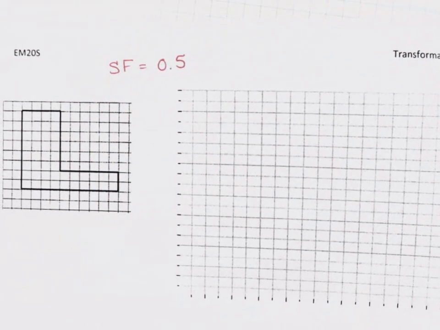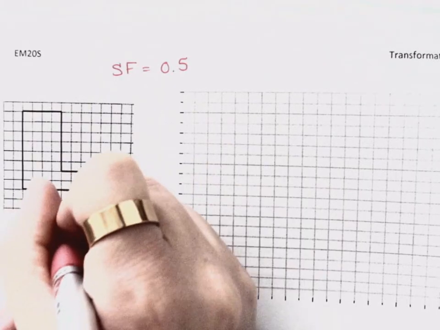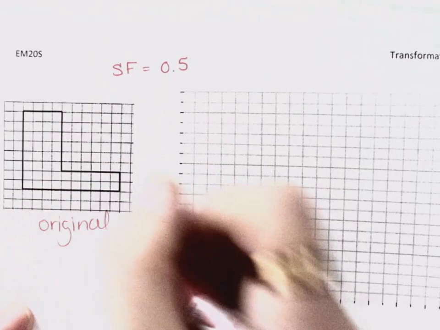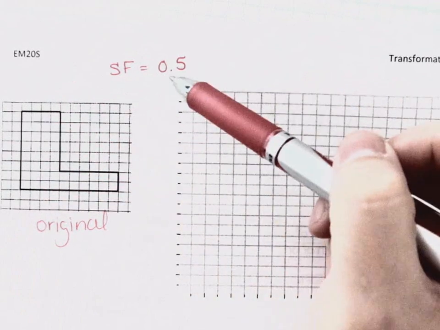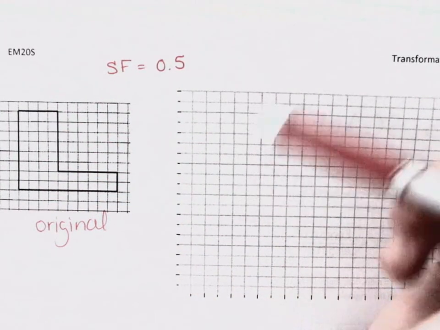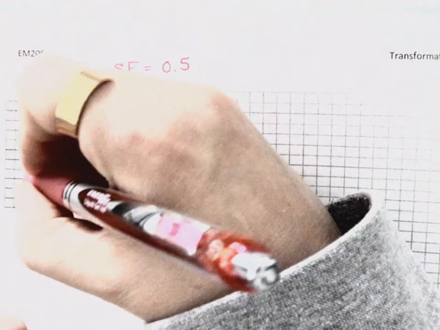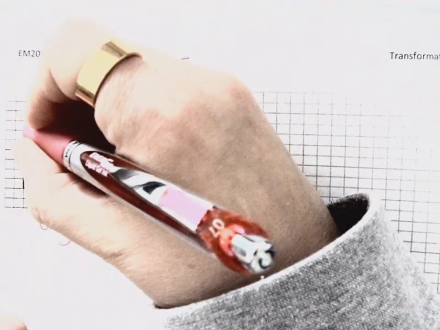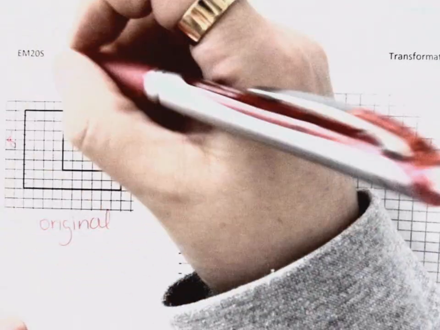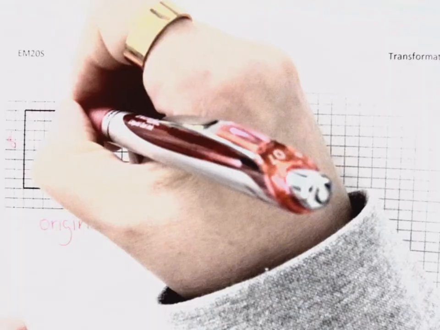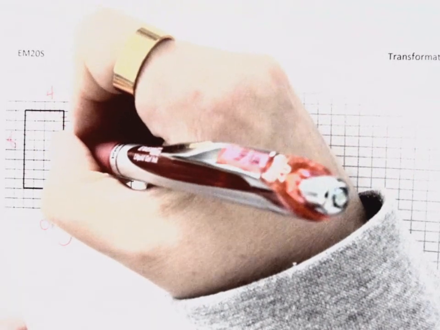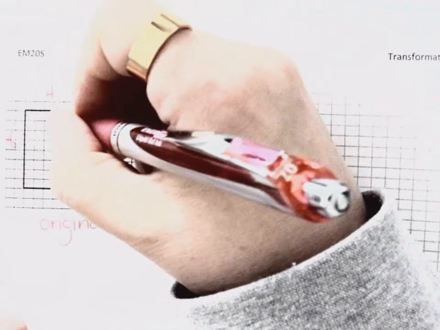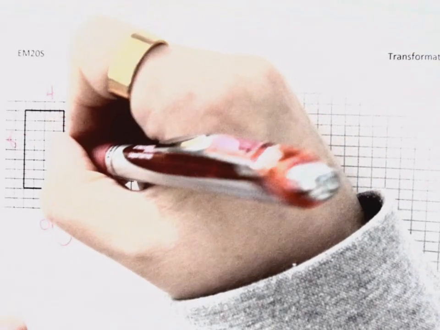Okay, so I'm just going to remind myself that the scale factor is 0.5. All right, so if this is the original, all I have to do is times these lengths by 0.5 to get the drawing. So 1, 2, 3, 4, 5, 6, 7, 8. So that's 8. This one's 4.